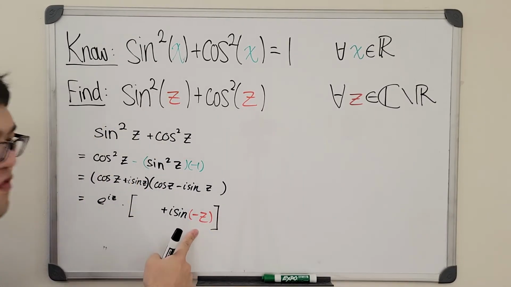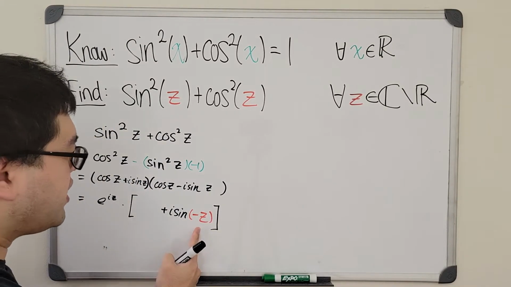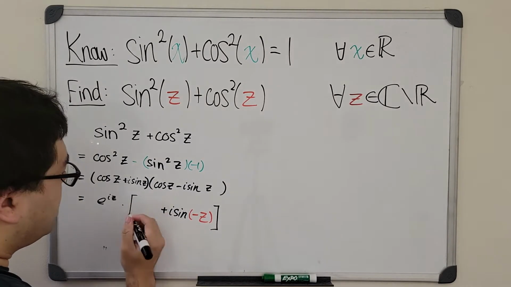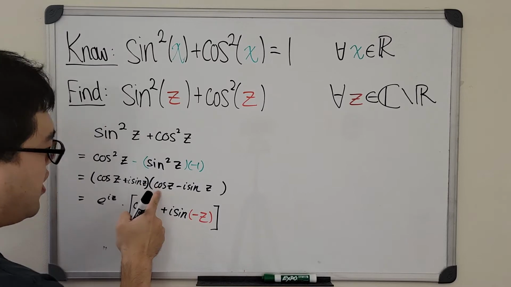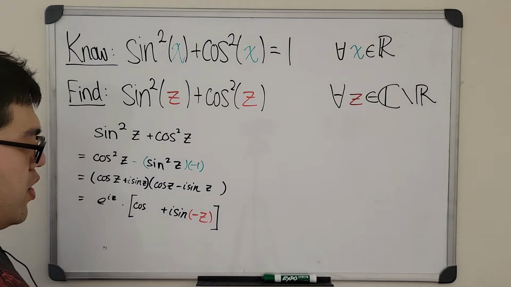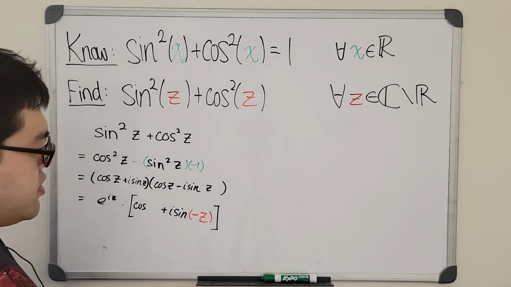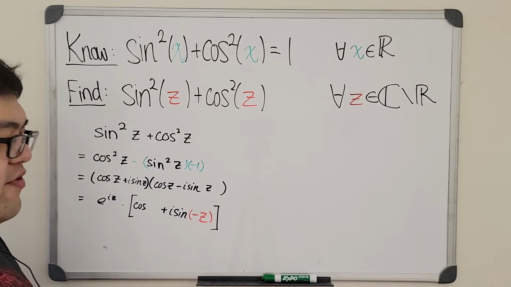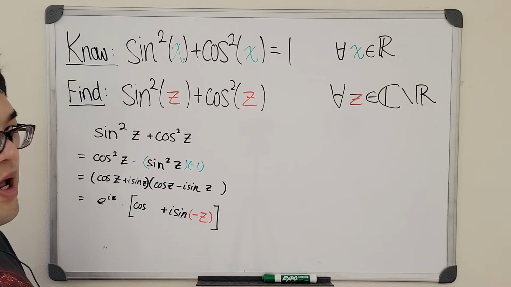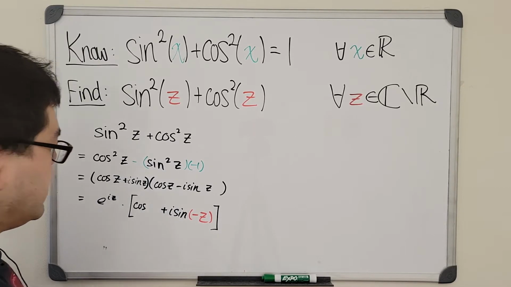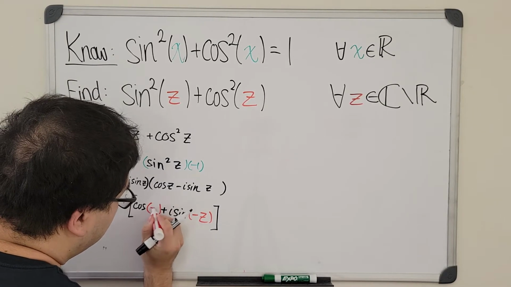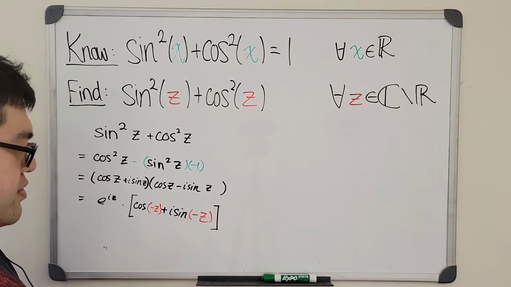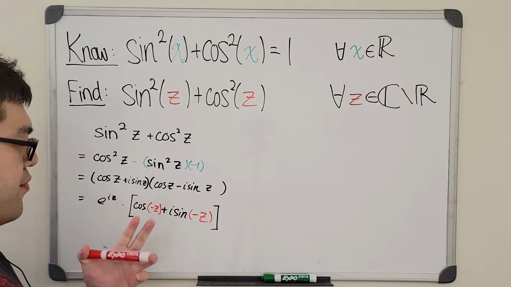If we have a negative in our input, we can just simply take out the negative and pull it out. So now we just need to adjust our cosine function. But the cosine function is even, so if we have a negative input, it will be the same as the positive input. We just simply put a negative in the parentheses, like this, so that it will still be the same as what we have here.